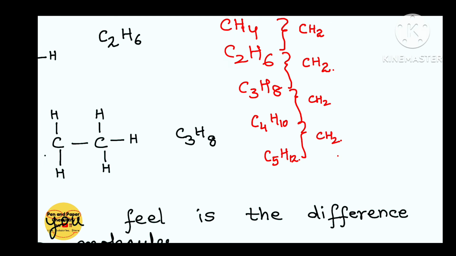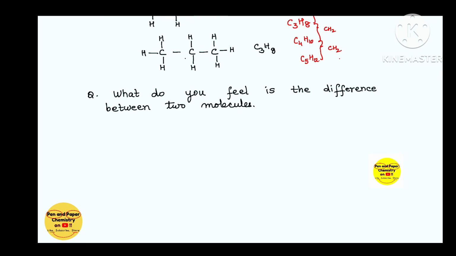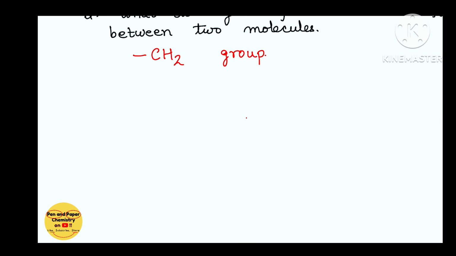So when you move from one member to the next, you are adding CH2 to the previous molecule in order to get the next one. Isn't it an interesting trend? So the question that I had put to you was, what do you feel is the difference between the two molecules? Yes, they are differing by the CH2 group. And for those who are familiar with the atomic numbers and mass numbers, carbon, the mass number is 12.